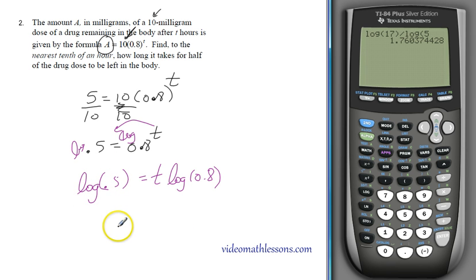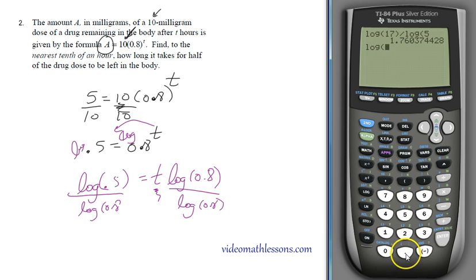Now, I see a lot of students sometimes divide this side away. But that's the variable, and when there's not an x there, people get a little confused. So that's the variable. I have to get rid of the log 0.8 from both sides. I'm just going to use my calculator.